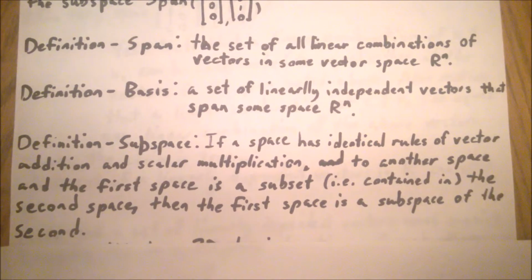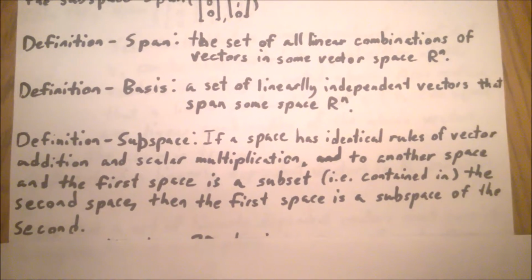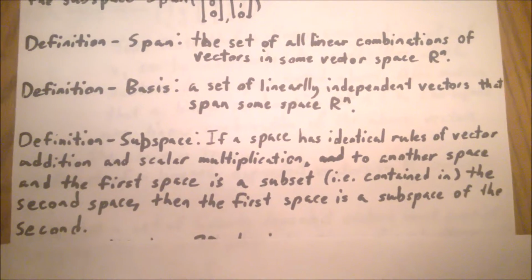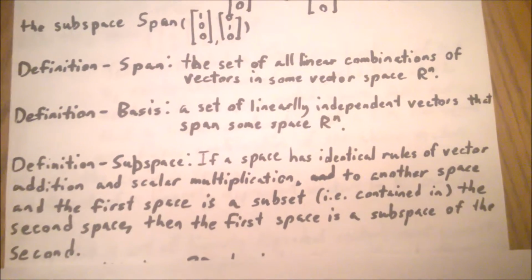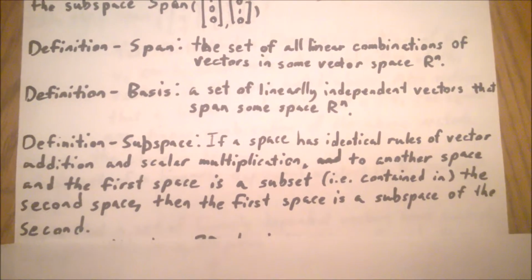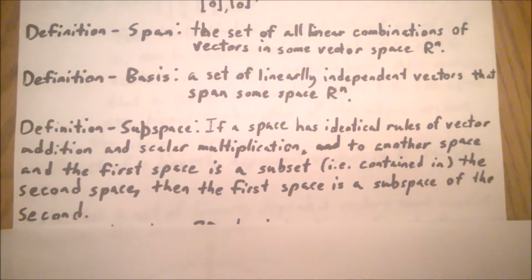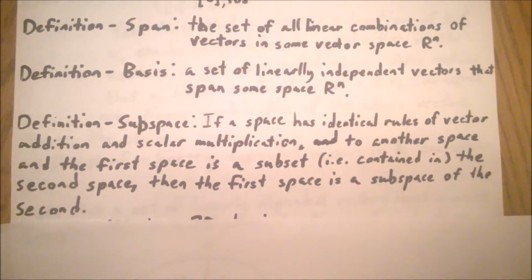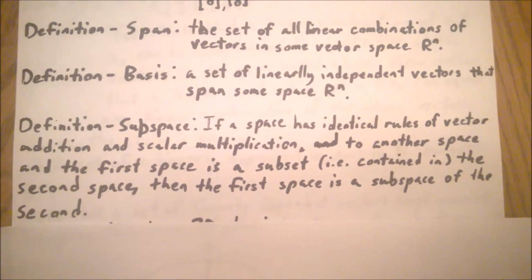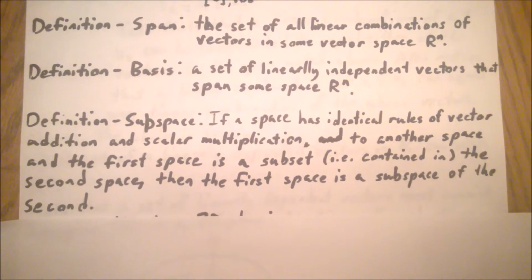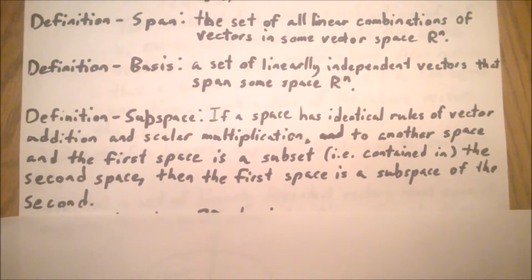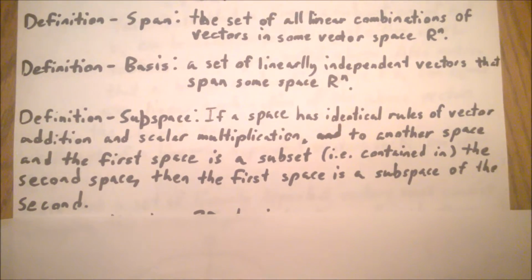Think of the basis as the general seed or the set origin of a span. A basis is a set of linearly independent vectors that spans some space Rn. So basically, it spans a certain amount of dimensions in a certain vector space.